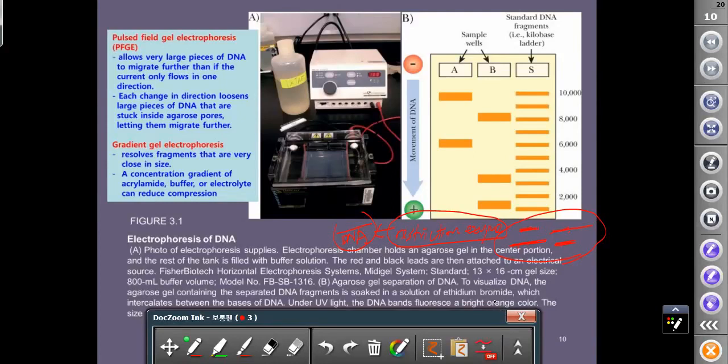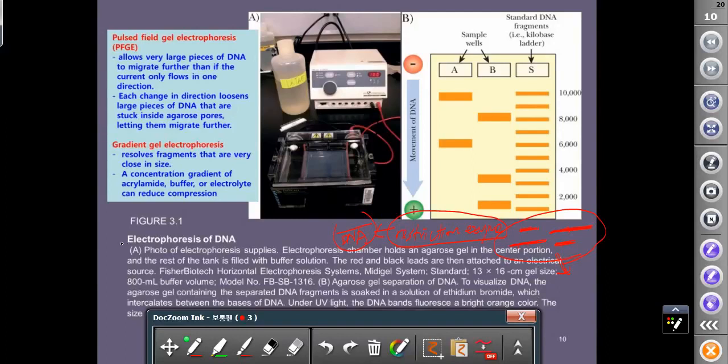What would be the principle of separating them? Of course, simply you can say that they have different sizes, different lengths. So you want to separate them depending on their size. How would you do that?